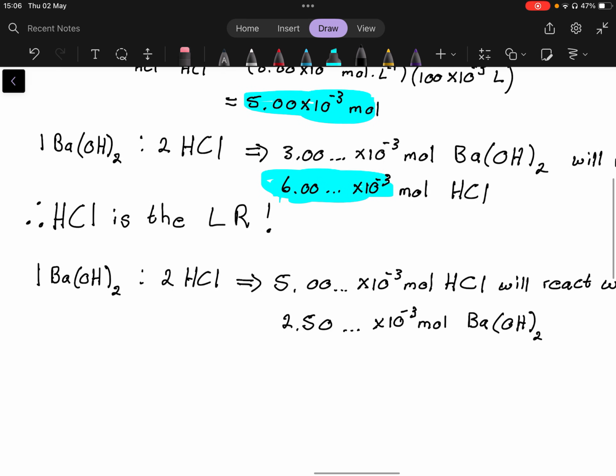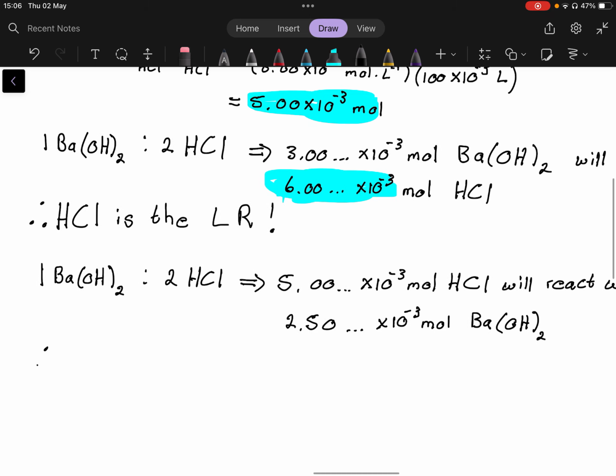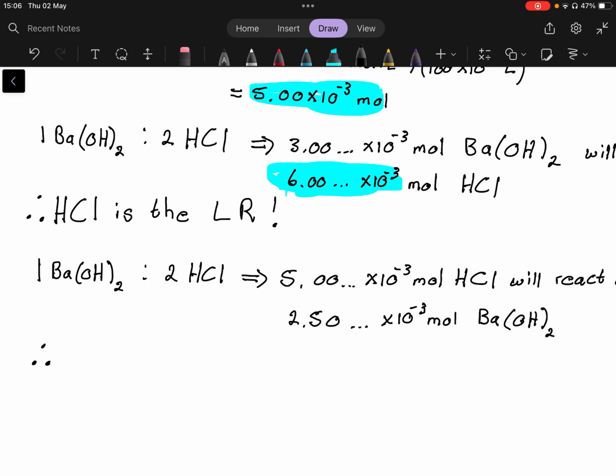Okay, so importantly, that's what we figured out. Therefore, let's just write it out nicely. It's going to be 3.00 times 10 to the negative 3 mole minus 2.50 times 10 to the negative 3 mole barium hydroxide.